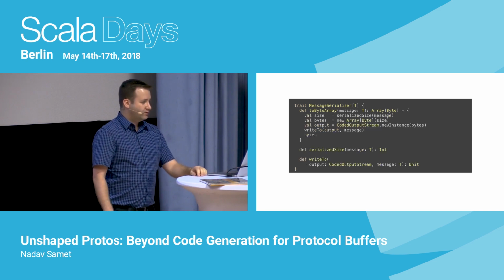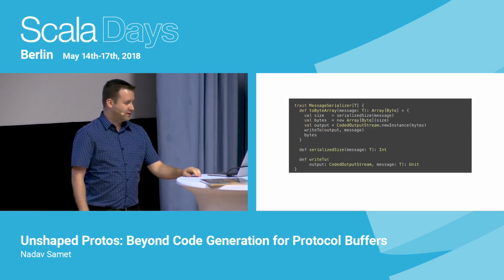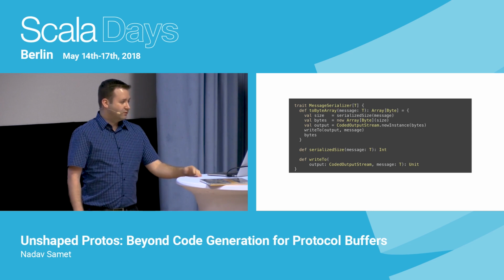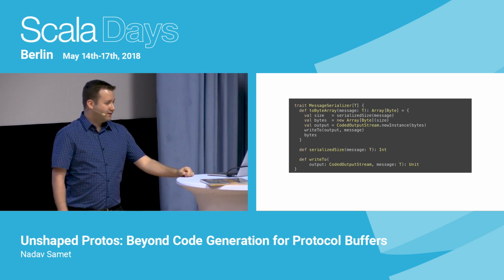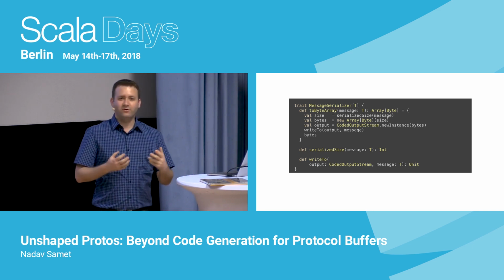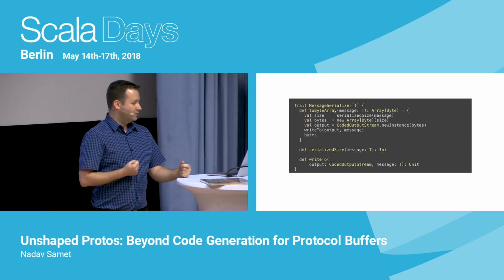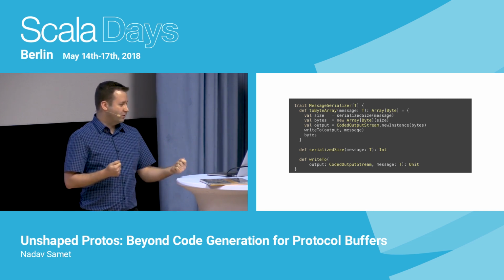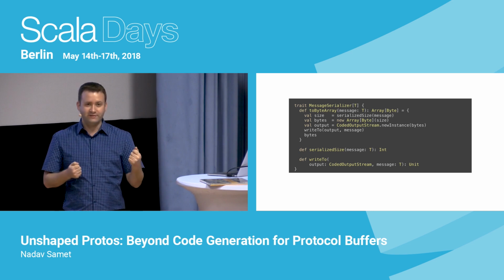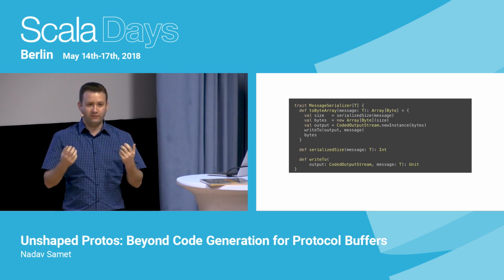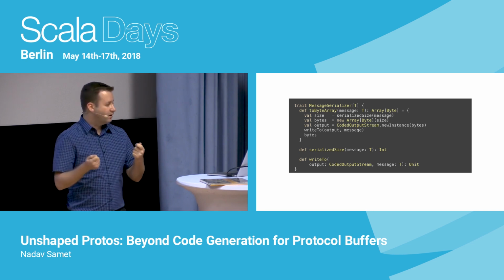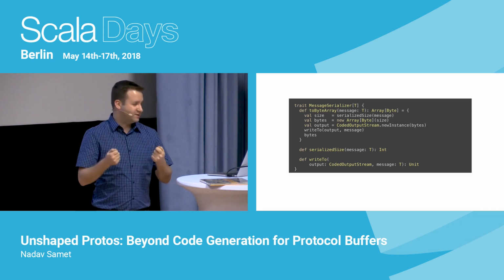It turns out when you want to implement those message serializers, you have to write the toByteArray method. And the toByteArray method tends to be very repetitive. It's always the same. What it essentially does is call another abstract method called serializedSize to find the size of the encoded message. Then it allocates an array of bytes of that size.